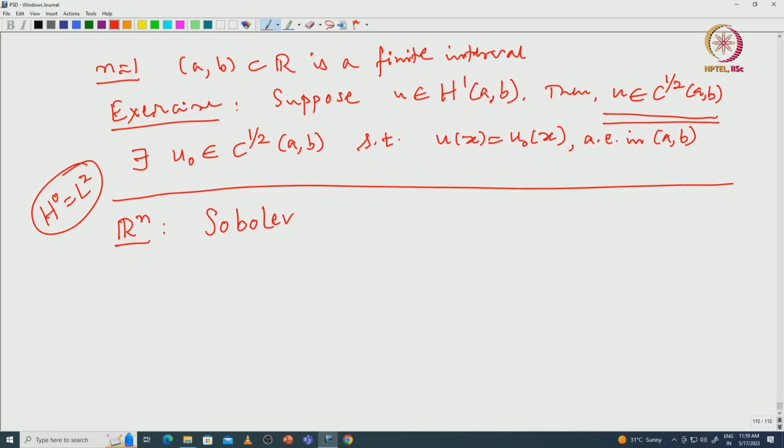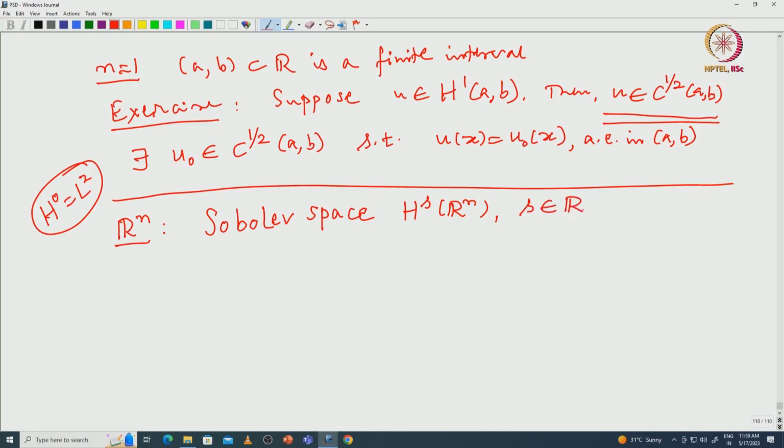Since you already studied distributions and tempered distributions, let me just make a remark on that. The Sobolev space H^s(Rn), now s need not even be a non-negative integer; s is any real number.